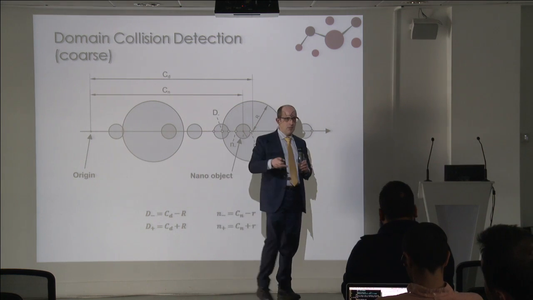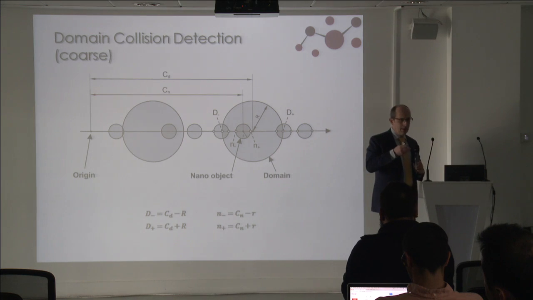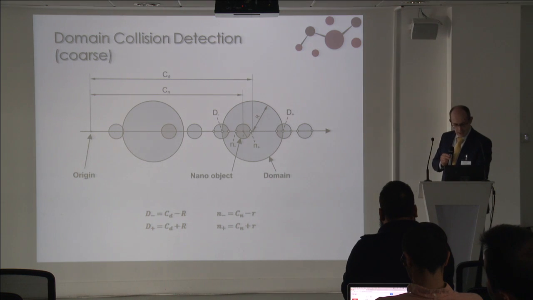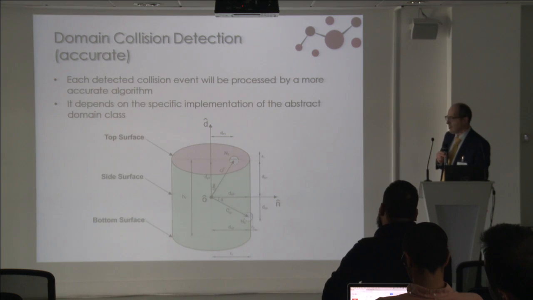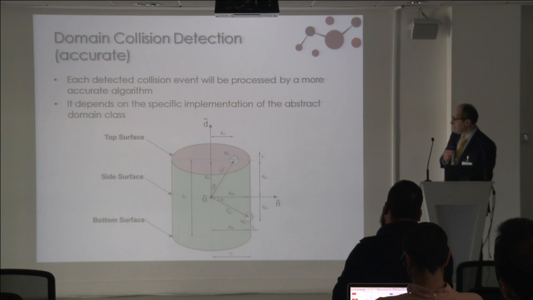Once we have determined the potential collision, we can refine again the collision check. We have all these steps just to check all potential collisions, virtually the same we have seen so far.